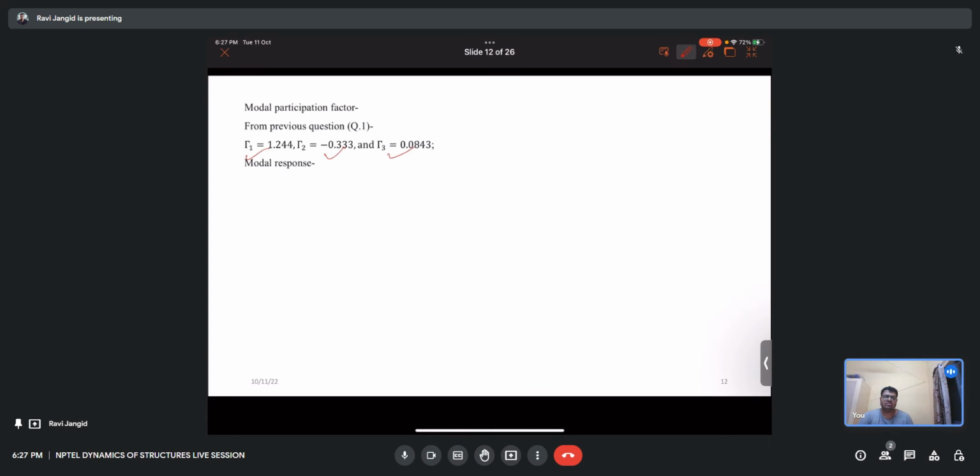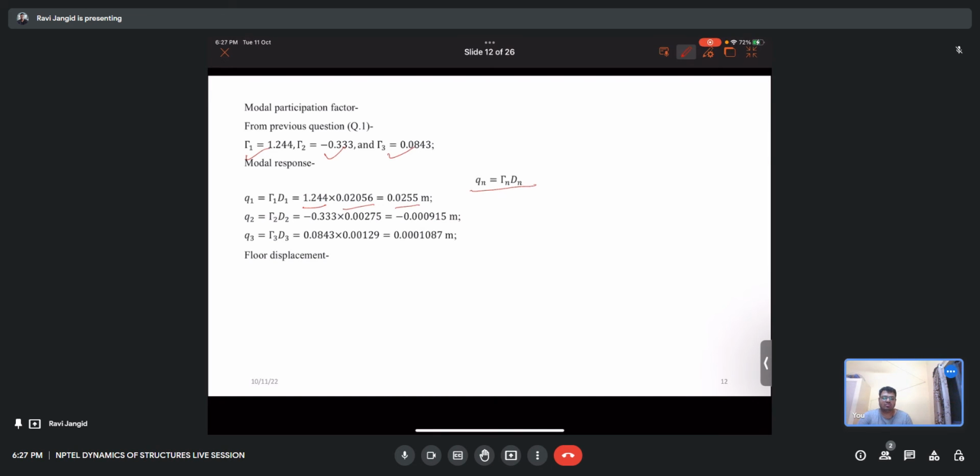After getting gamma 1, gamma 2, gamma 3, we can get the modal response Q, that will be gamma n times Dn. So Q1 is equal to gamma 1 times D1, where gamma 1 is 1.244, so that becomes 0.0255. Similarly for Q2 and Q3.